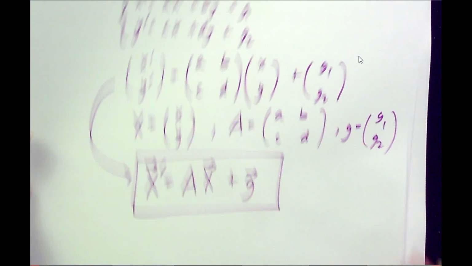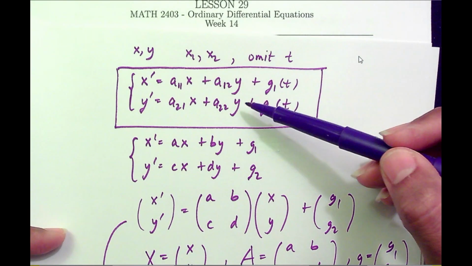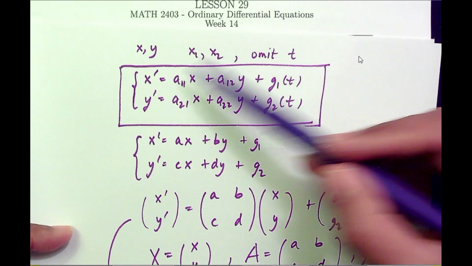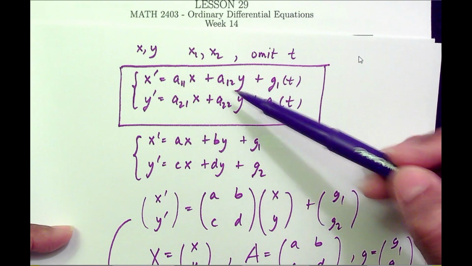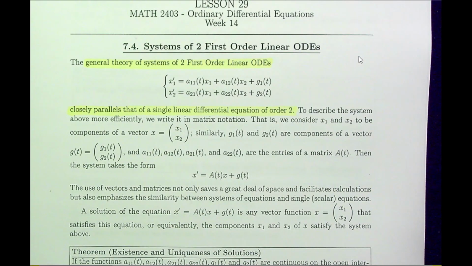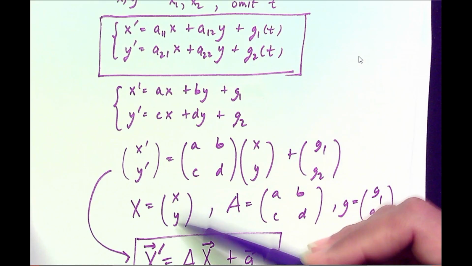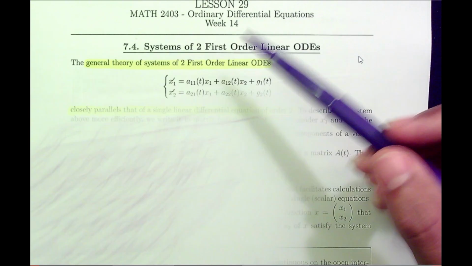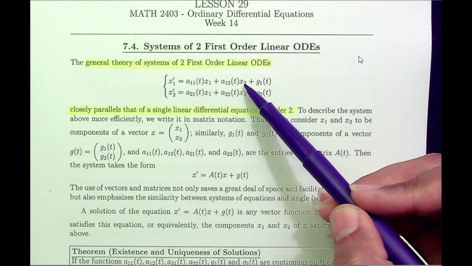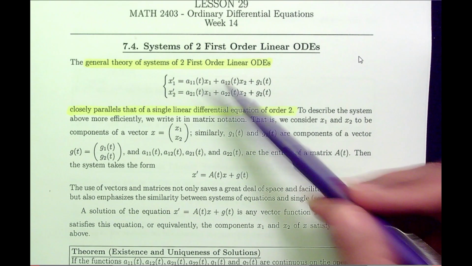All right, so in general, you can do that when the system is this, and then the A will be the matrix of coefficients A11, A12, A21, A22, and so on. And then the X, instead of being X, Y, like we used here, the X will be X1, X2, because again, we're using the notation in the book, and that's what they use.